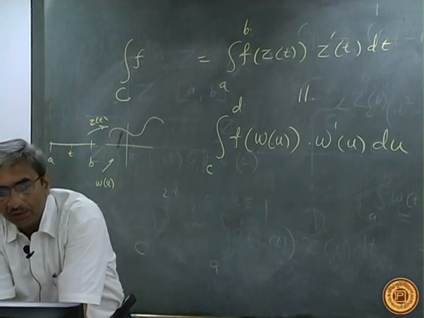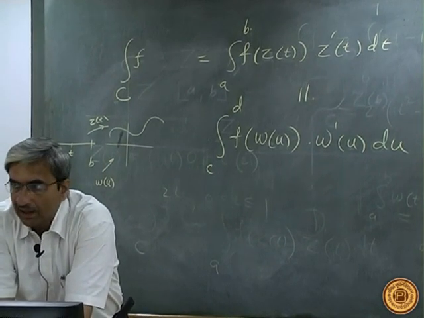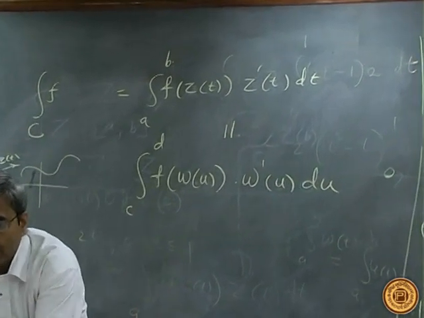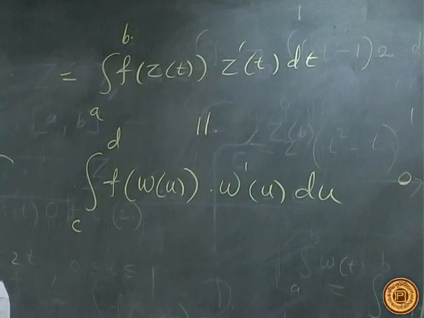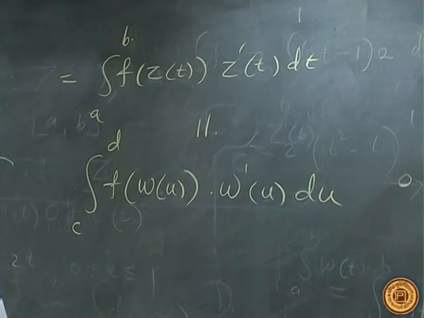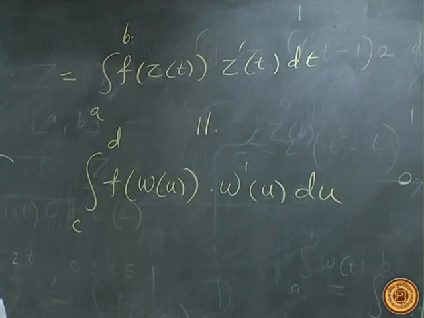Do you see on your screen the proof part? Let z(t), a ≤ t ≤ b, represent the contour C, and let phi be a continuously differentiable function which maps [c, d] onto [a, b] with phi'(u) positive. Then w(u) = z(phi(u)) is another parameterization.